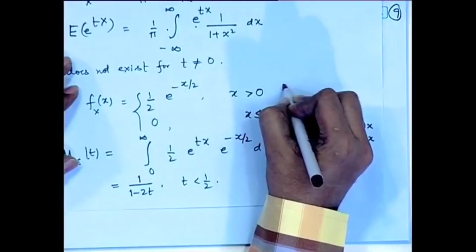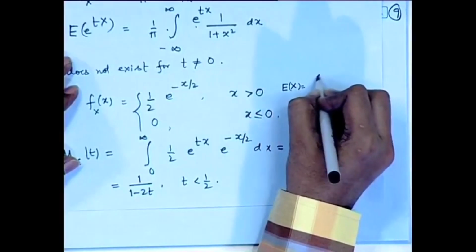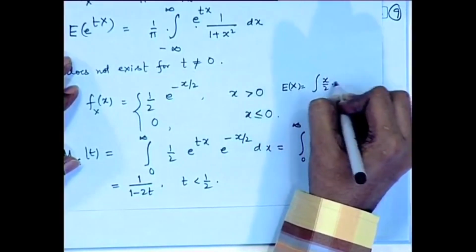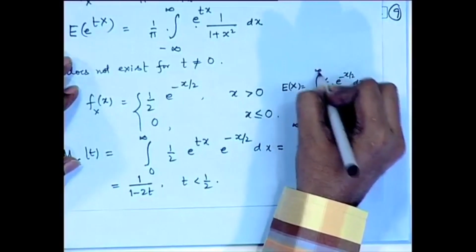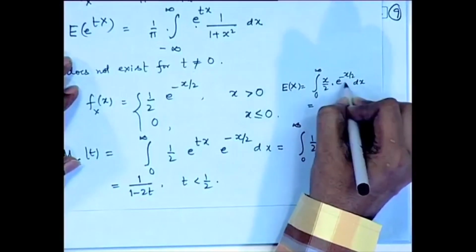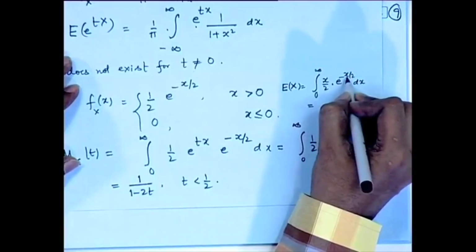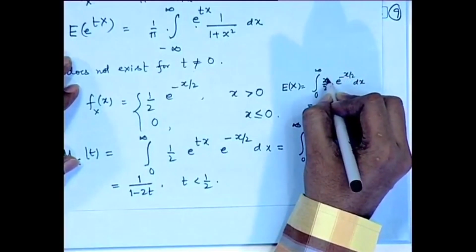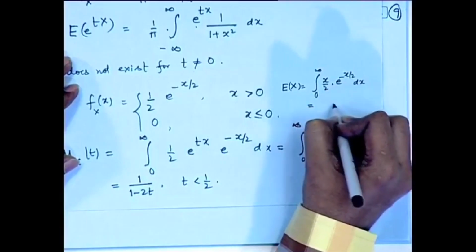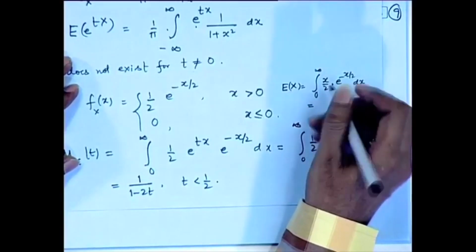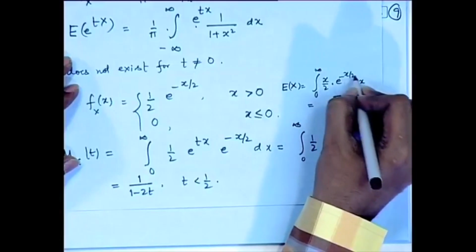If I calculate the expectation of X, this is equal to the integral from 0 to infinity of x by 2 e to the power minus x by 2 dx. So if we integrate this by parts or if we use the gamma function, then it is gamma 2 divided by this is 2 here.